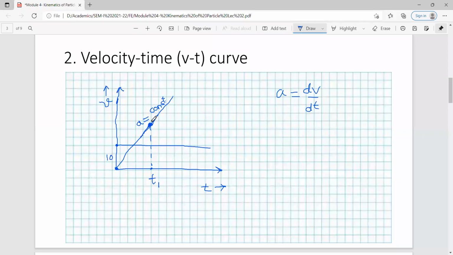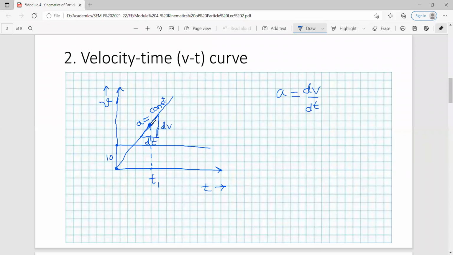If we have to make a tangent at a point of the line, then that tangent will be along the line itself, and I have to calculate the slope of that. So this vertical line will show me the change in velocity, and this horizontal line will tell me the change in time, dv upon dt.